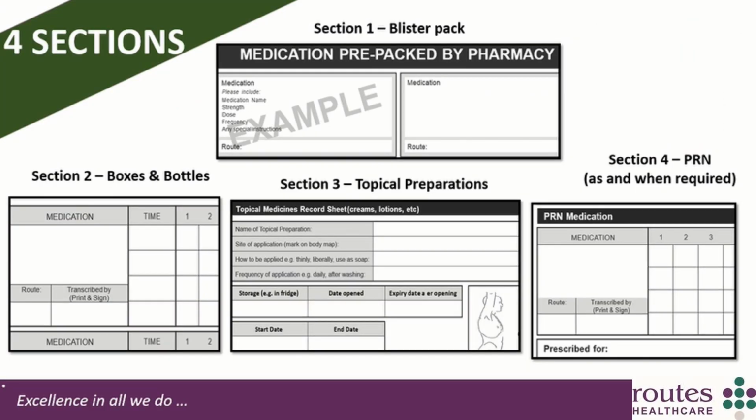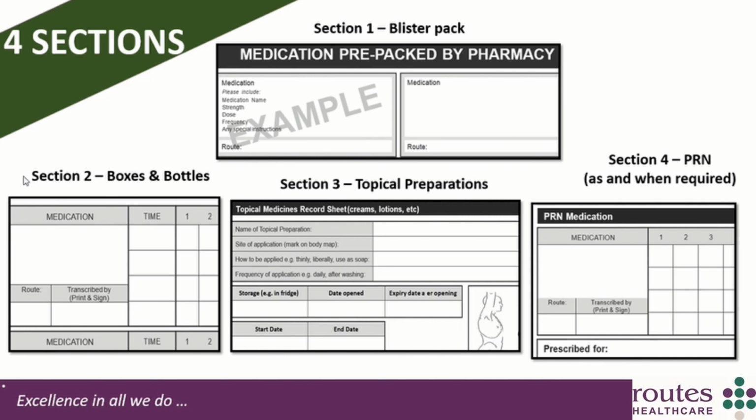Your MARS chart will comprise of 4 different sections. So starting off with section 1, that is for your blister pack. I know this because it does state on the top of the page, medication pre-packed by pharmacy. We will find this on page 2. Turning over onto page 4, we will see section 2, which is for boxes and bottles. So any medication that isn't in your blister pack and isn't PRN.